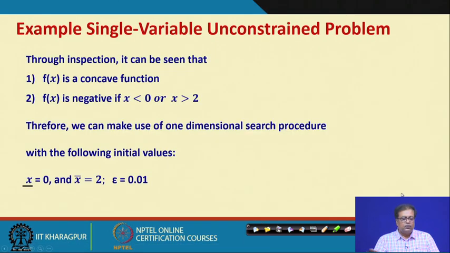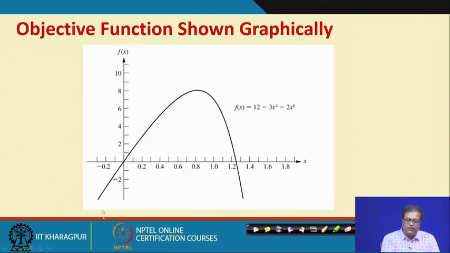Now, what we do, through inspection it can be seen. So, how do we see that? You can see that this function is going through certain points, obviously it goes to 0 and this side is another point, let us say 2. So, definitely this has to be between 0 and 2.